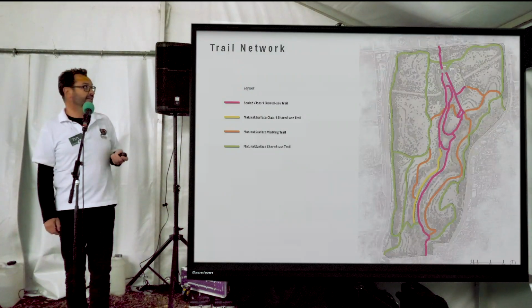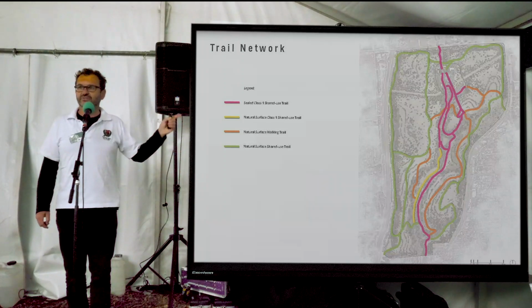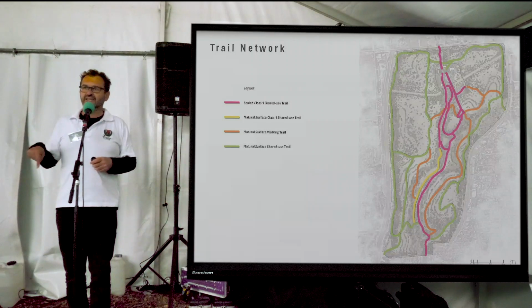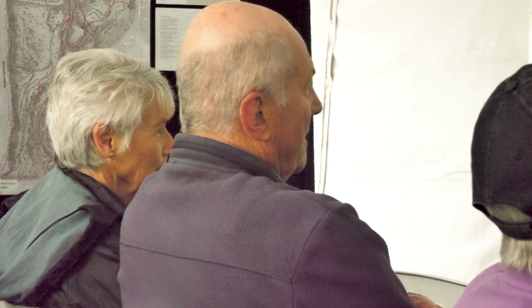So the trail network here is illustrated. We have a number of trails, as you can see from that diagram, located throughout the site. The key connecting trail will run pretty much right along the creek corridor.